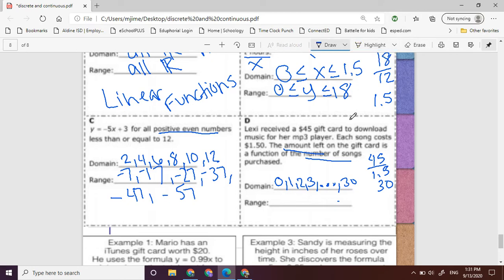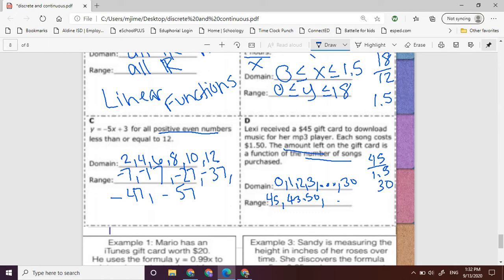Let's write it the way that we're thinking, so that you can match them up, and then you'll know that you have to write them in least to greatest order. If I purchase 0, then I'm going to have $45 left. If I purchase one song, all I do is subtract $1.50 from 45, so that would be $43.50.